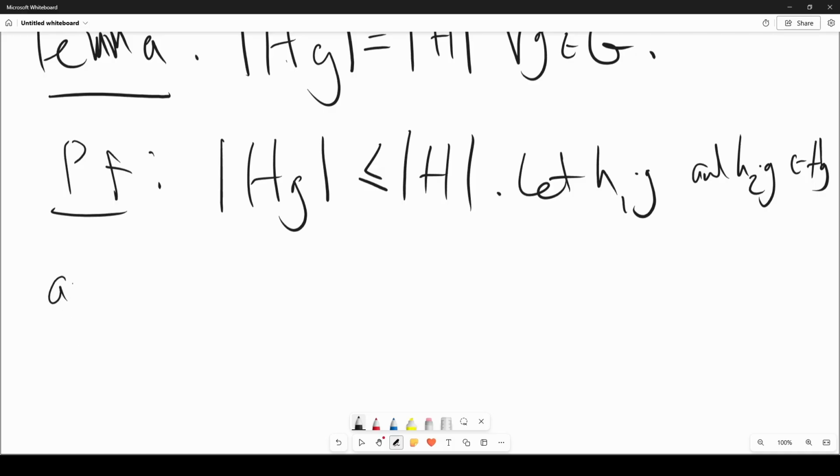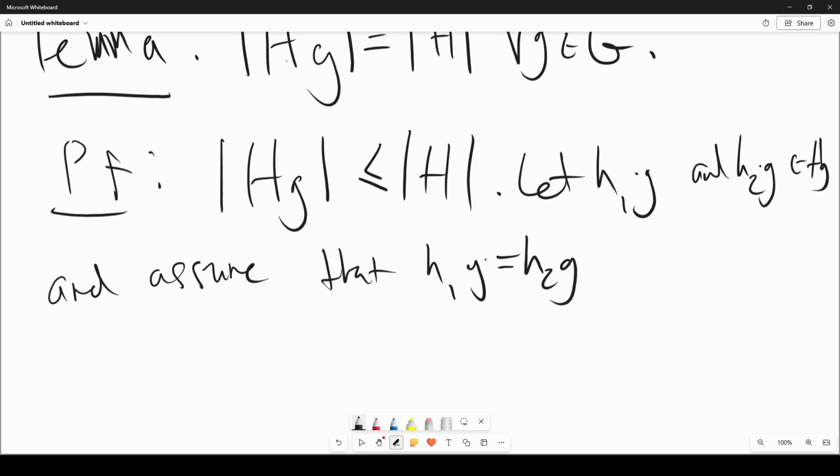and assume that h1 g equals h2 g. But if I multiply on the right by g inverse, this implies that h1 equals h2.